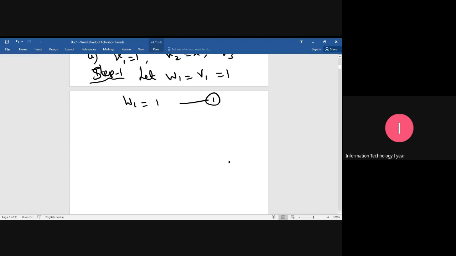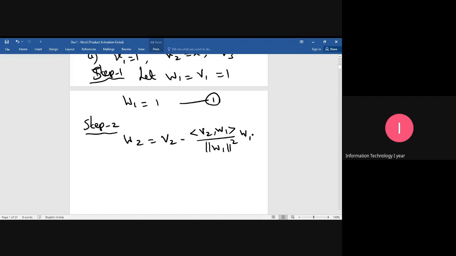The second step, step 2: W2 is equal to, what is the formula? W2 is equal to V2 minus the inner product of V2 comma W1 divided by norm W1 square, into W1.